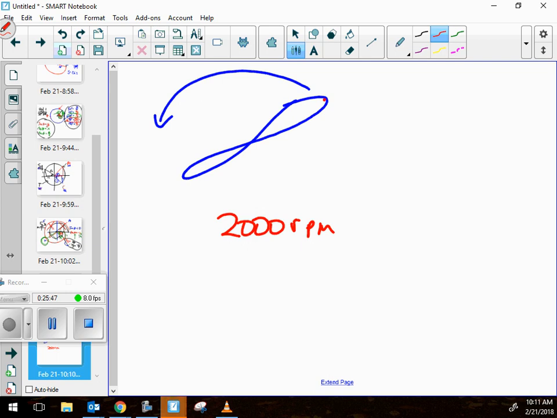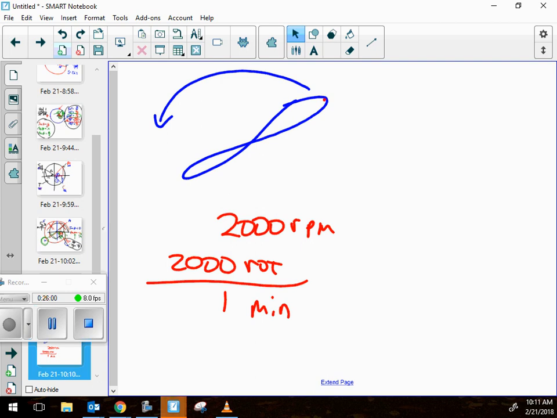But you need to do a practice problem with me. Everybody, on a blank Notability doc, start with 2,000 ROT over 1 MIN. Do you get I'm just writing out rotations per minute so that I can see where the units are? Circle trig, there's circles involved here.